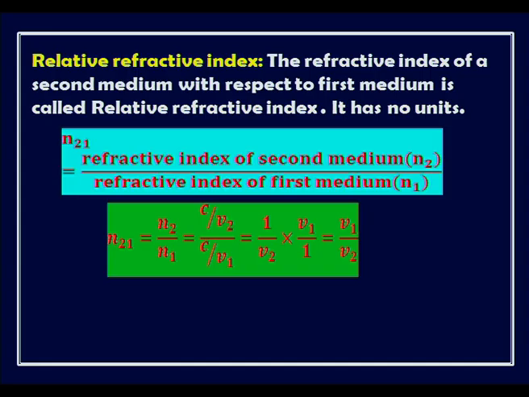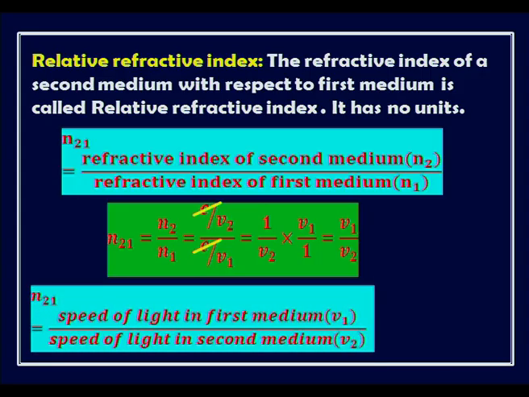In place of eta 2 we can write C by V2. In place of eta 1 we can write C by V1. Here C gets cancelled. So, we will get 1 by V2 into V1 by 1, that is equal to V1 by V2.